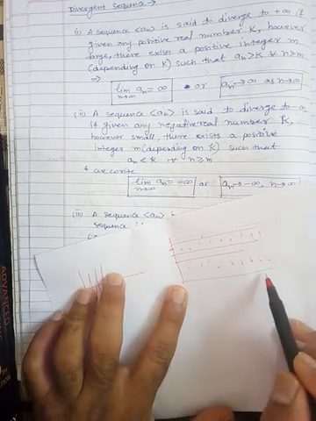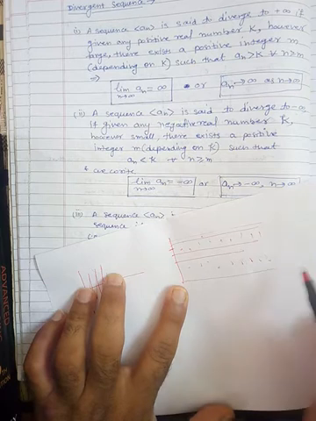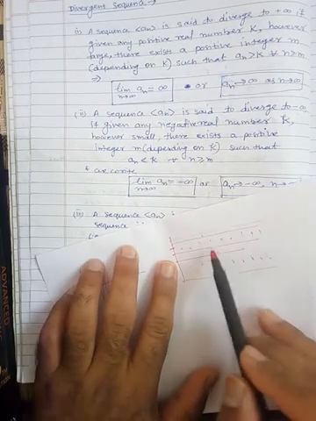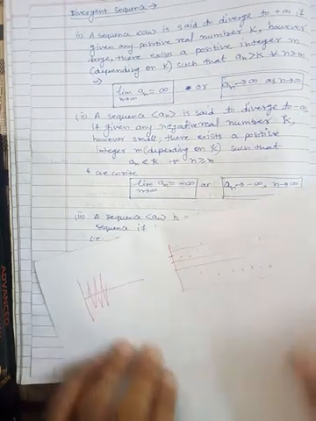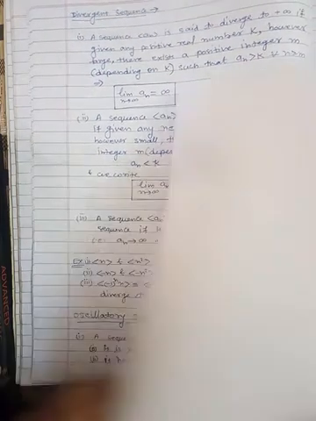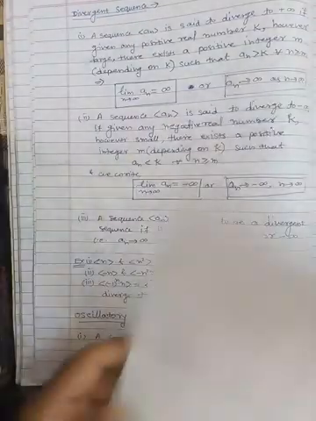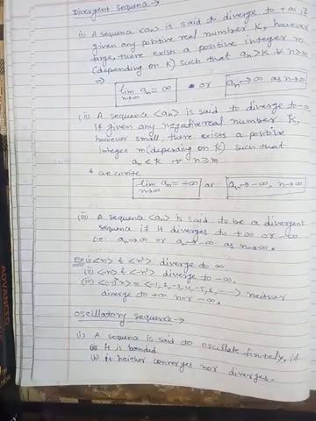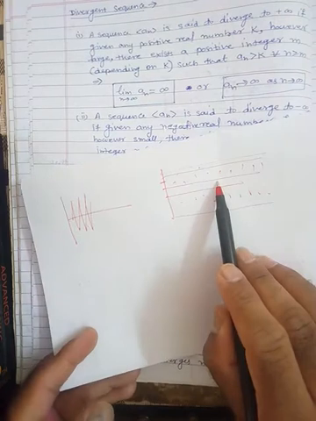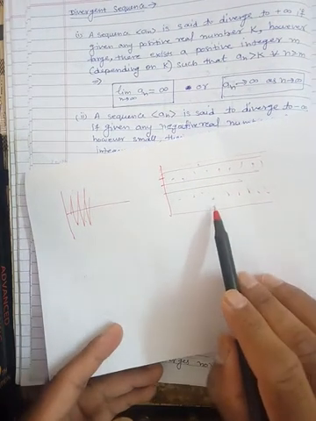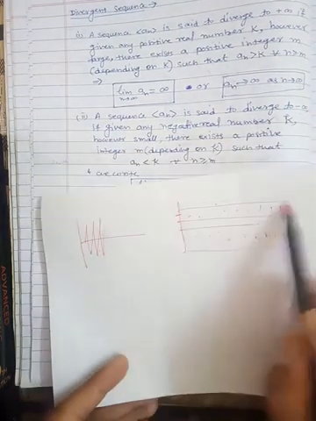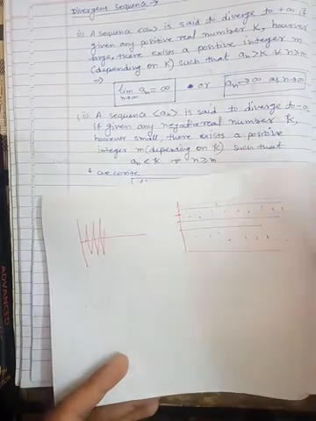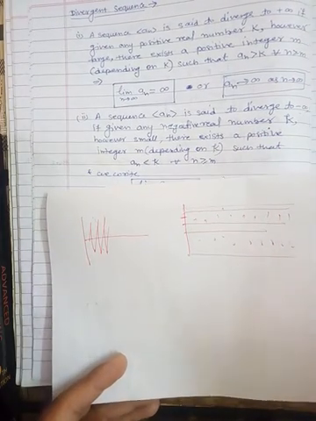So this is not a convergent sequence. Second, this sequence does not follow this kind of pattern, nor this kind of pattern, so it is not a divergent sequence. This sequence is neither convergent nor divergent. That's why it oscillates, but we have a bound, so this sequence oscillates finitely.